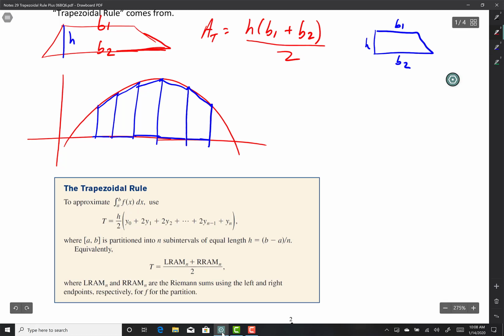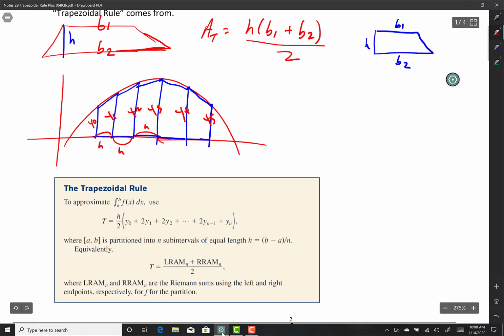All right. Now, I have a definition here. I have a formula, and I want to know where that comes from. So I'm going to say that this base here is y0, y with a little 0 on it. I'm going to say this is y1, y2, y3, y4, y5. And I'm going to say that this height is just going to be h, and I'm going to call them all h.